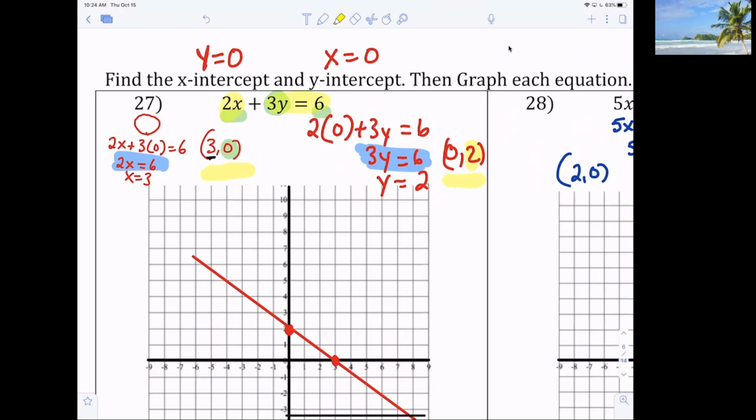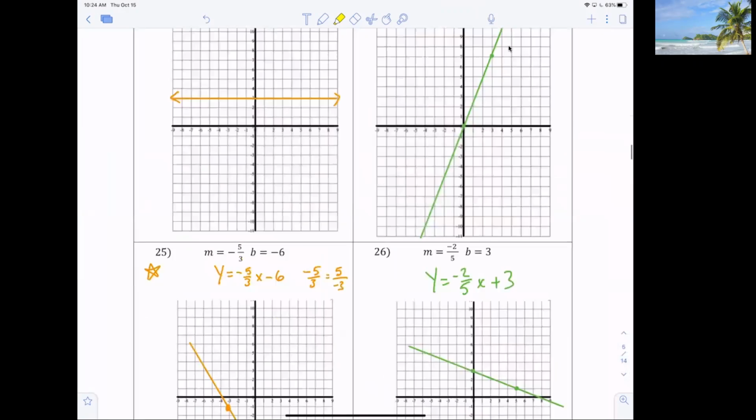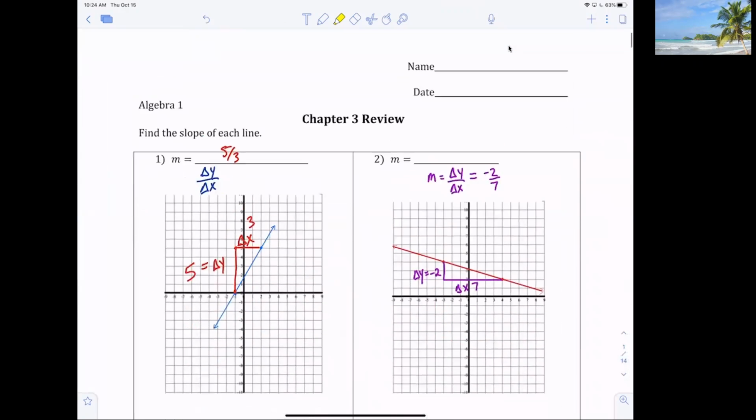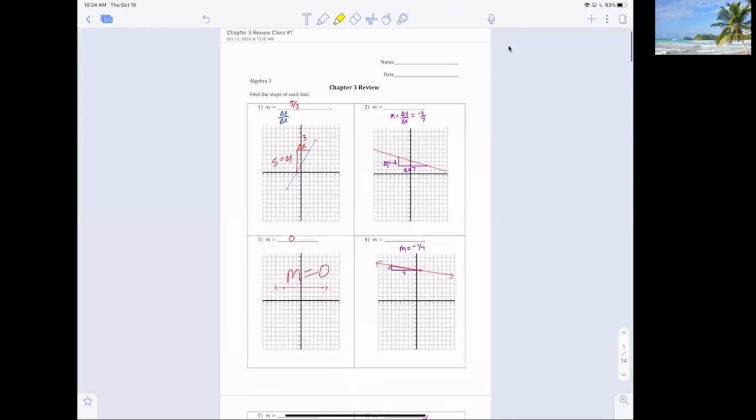All right? The test tomorrow is about half of that work. It's about half the number of questions. It's in the exact same format. The first problems are going to be take the line, tell me the slope.